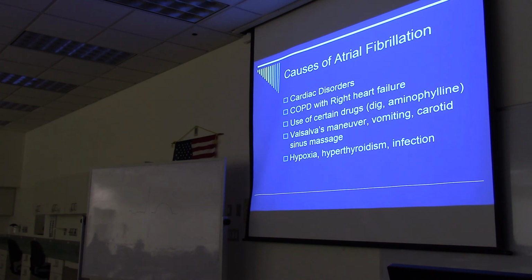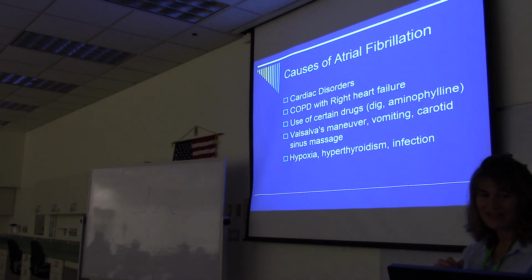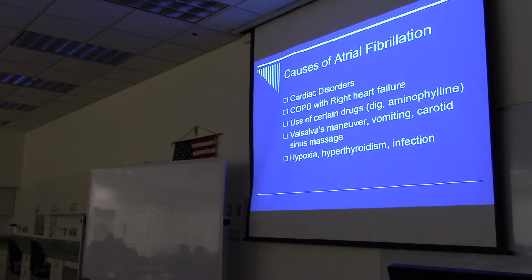Yeah, I don't get that. It's possible that those are like treatment. Yeah, that's what I'm wondering. But then below it says that hypoxia and hyperthyroidism can cause atrial fib. Is that true? Yeah. Okay, so it's a little typo. Yeah, so we're going to have to do some research in our textbook to find out why this is listed under causes.